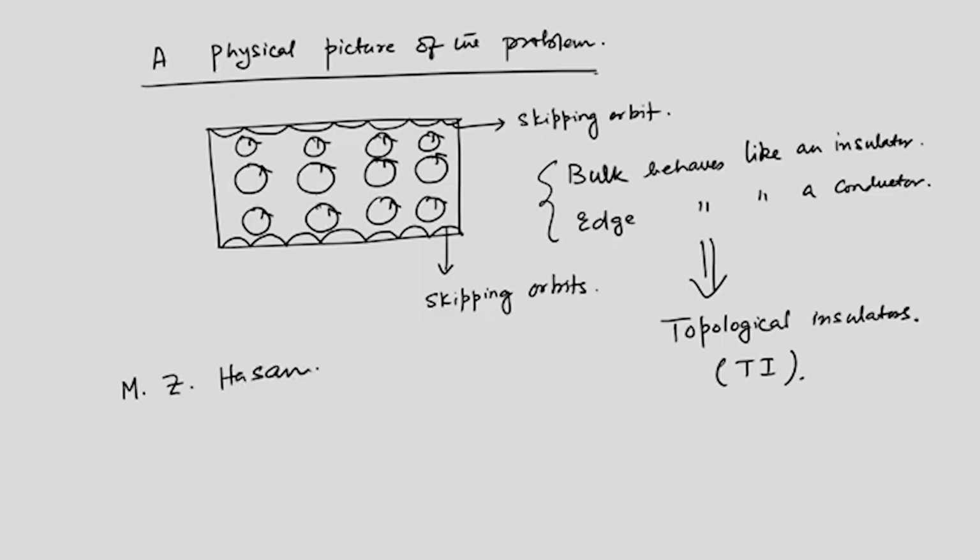I don't remember exactly how he writes his name, but if you search, you will find it. He gives a very detailed account of the discovery, synthesis, and properties of the topological insulators.